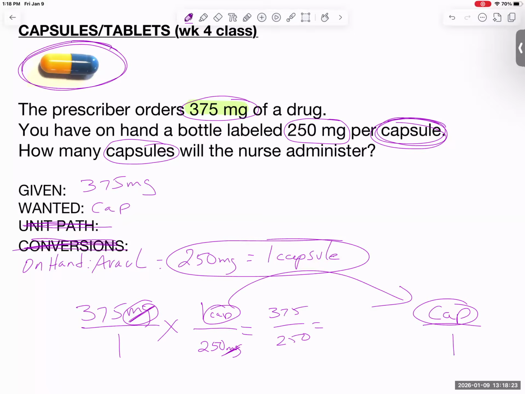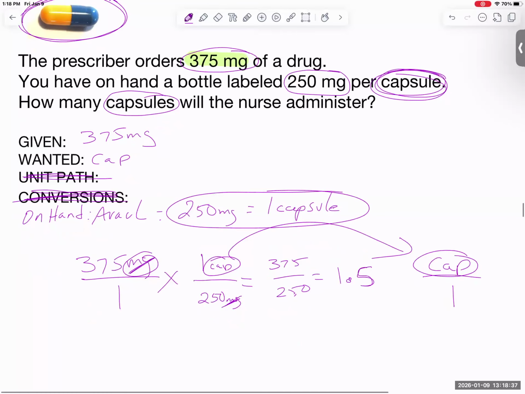And now I divide. When I divide, what do I get on my calculator? 1.5. We got a problem then, don't we? I can't give 1.5 capsules, can I? I can't break it.